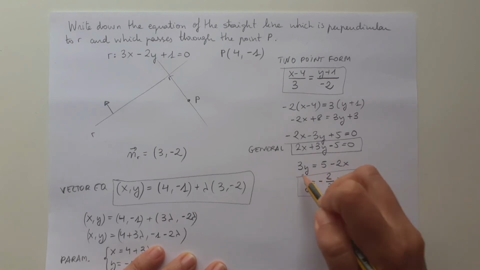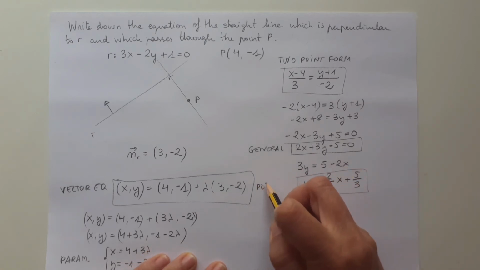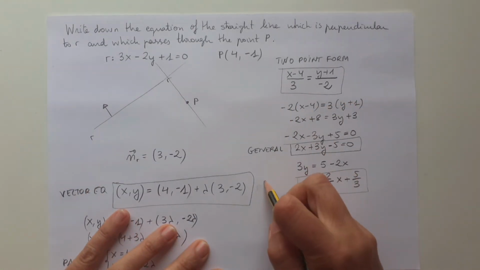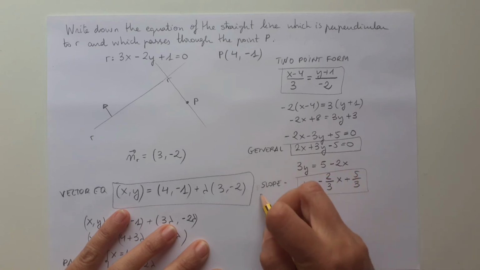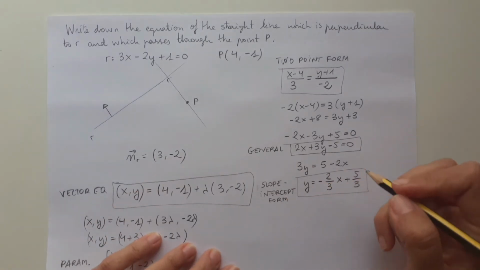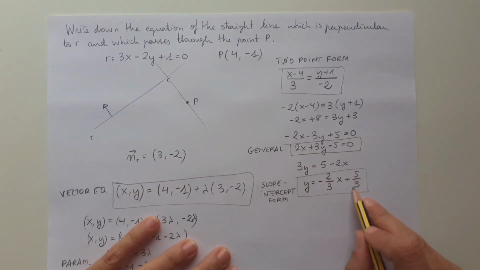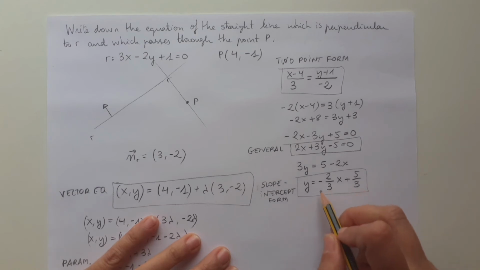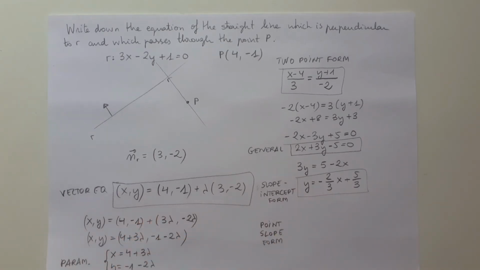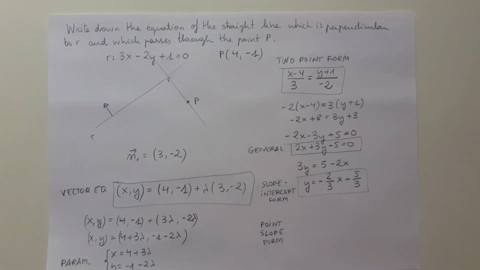This would be the slope intercept form. And the last thing that I could do would be the point slope form. And to do that, I'm going to use this step.